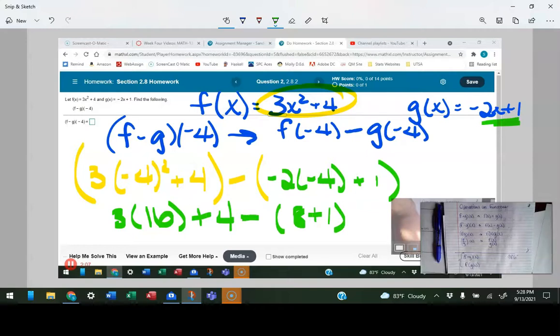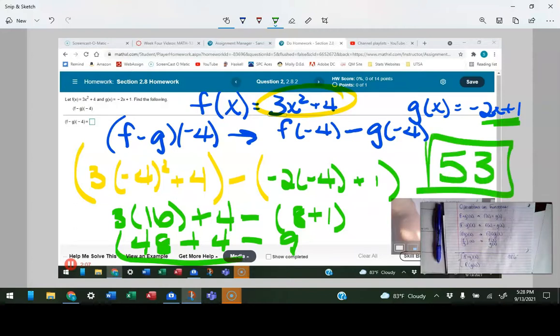Okay, so 3 times 16 is 48 plus 4 is 52, minus 8 plus 1 is 9. So 52 minus 9 is 43. So 52 minus 9 is 53. Do not multiply that answer by negative 4.